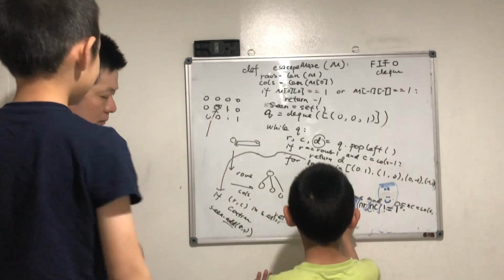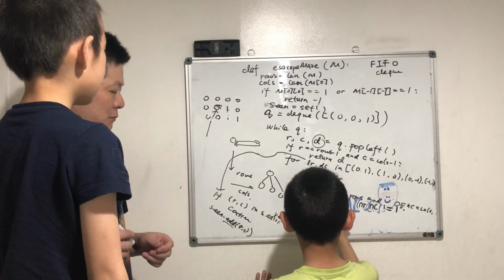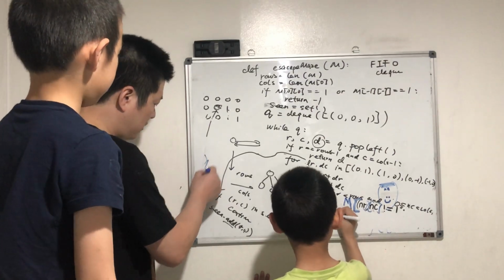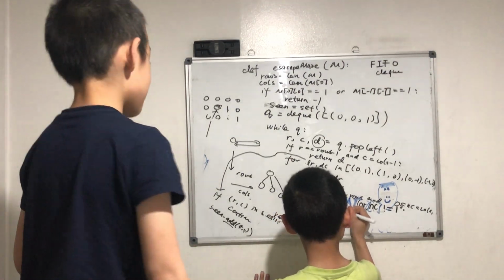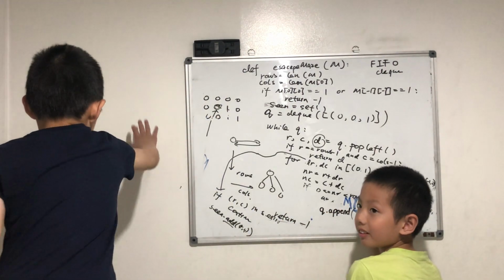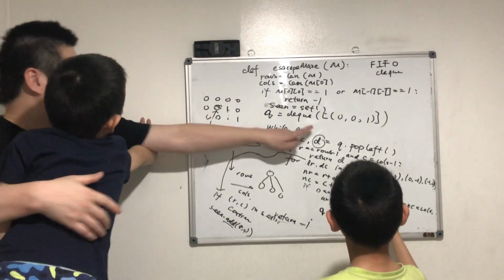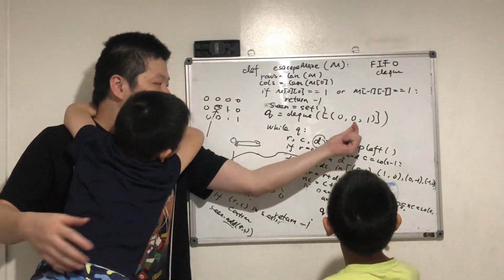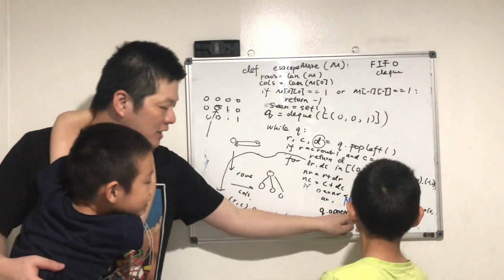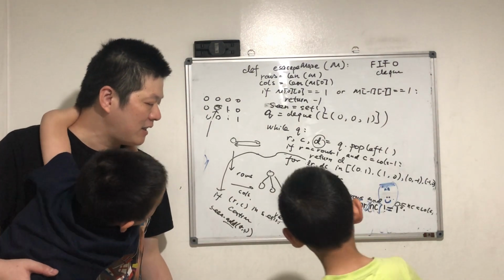What's Q? Q.append. Append what? Yeah, append, but you need to append three elements: R, C, and D. Another bracket, two brackets: parentheses R, C, and D. That's a tuple, right?